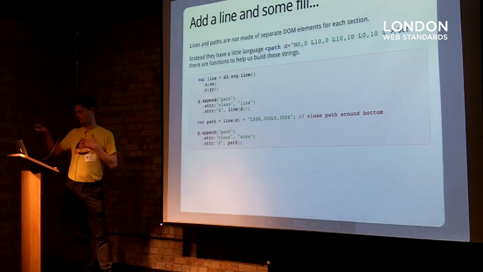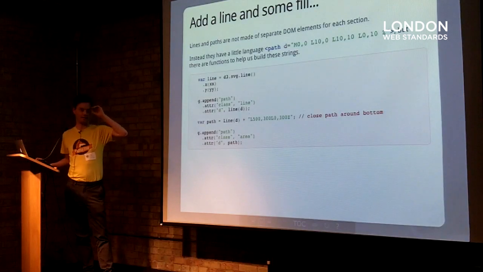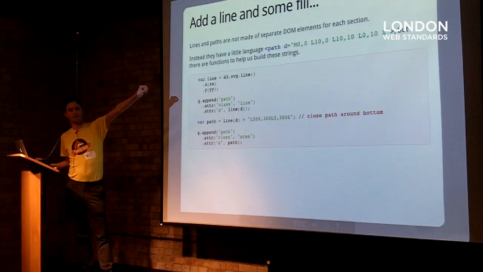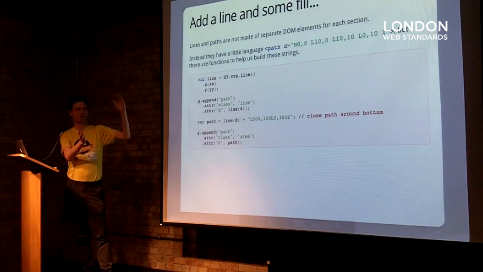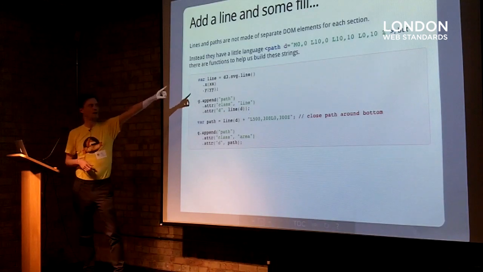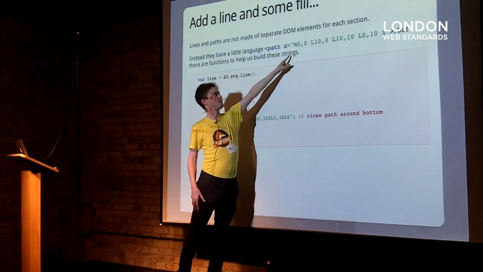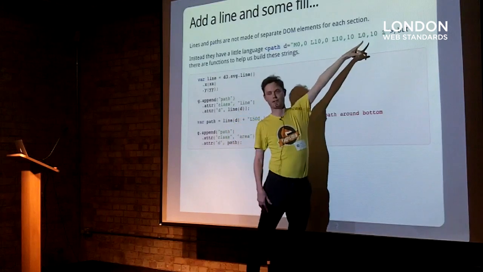And let's draw a line. Now, lines in SVG, and paths, are a little bit weird. Instead of having separate DOM elements for each part of a shape, you have a shape, and then you have one attribute that basically describes move, line, line, line, and then close it at the end.